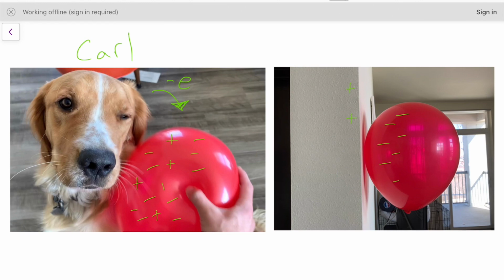The protons stay, as you can see right here, but the electrons don't want to be by the electrons in the balloon. So the electrons get pushed as far away as they can in those atoms, which leaves the positive charges closer to the balloon. And since opposite charges attract, they want to stick together.